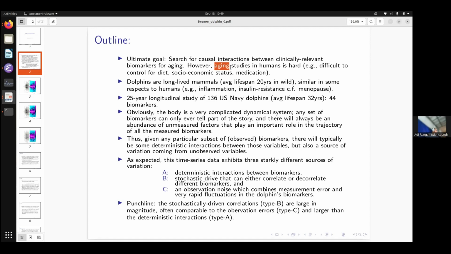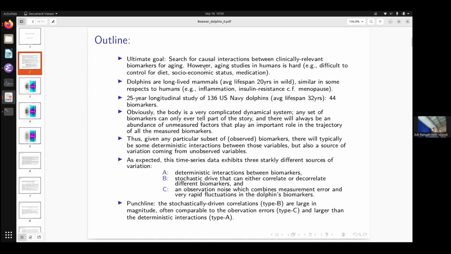So questions regarding healthy aging, longevity, protection against age-related diseases, all of those things are of interest to the National Institute of Health. And so the question of how biomarkers affect one another is ultimately supposed to help understand how people age.